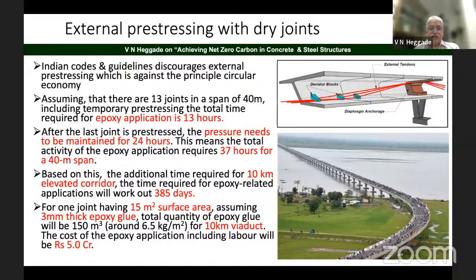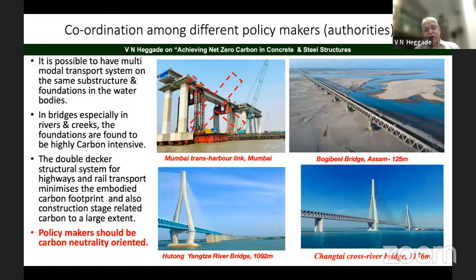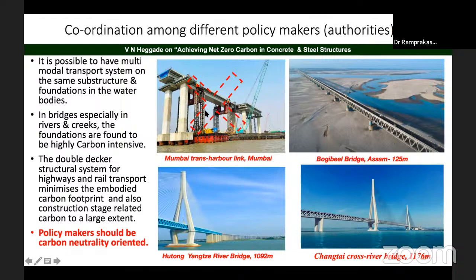So these are the sort of things we'll have to really look at. Another area I would like to highlight is that the policy makers of the different departments have to come together. They have to have a bent of mind for carbon footprint reduction, because sustainability is a very hotly discussed topic, and it's a moral and ethical responsibility of all of us engineers. Just imagine this MTHL, almost 24 kilometers of highway bridge.